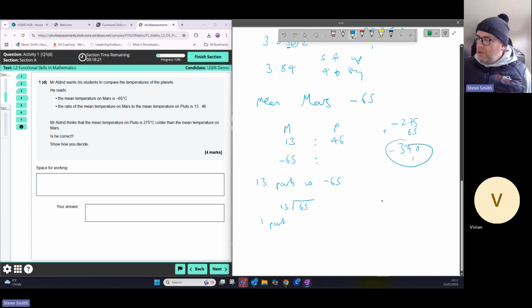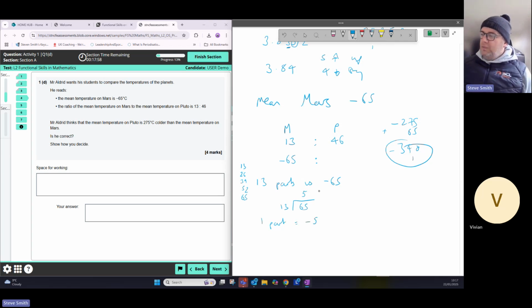So if we do the 13s times table, which obviously at school we only got up to 12, but if we go 13, 26, 39, 52, 65, we can see it's a direct match. So 13 into 65 goes 5 times. So we can see that 1 part equals -5. So we've just broken that into 13 equal parts. So we know that 1 part is -5.